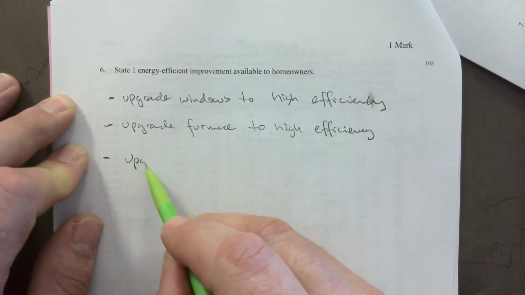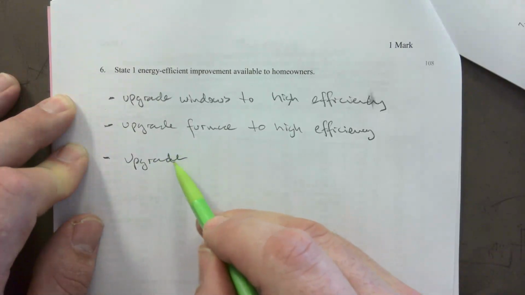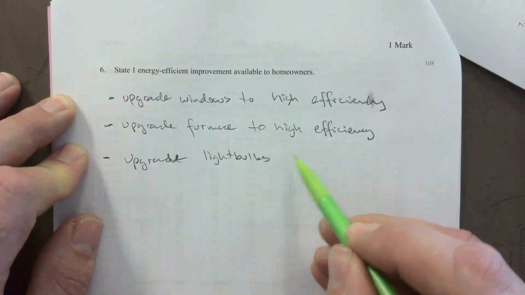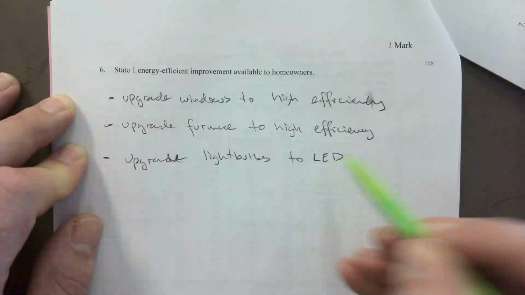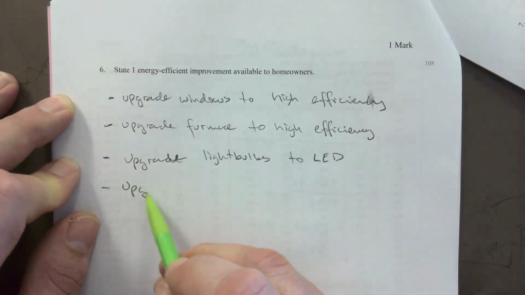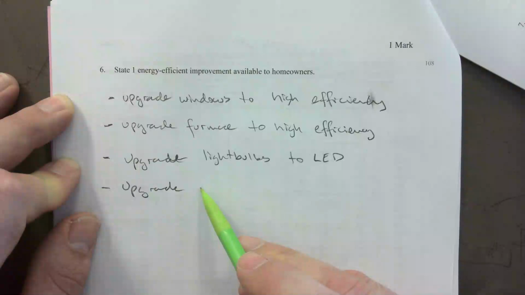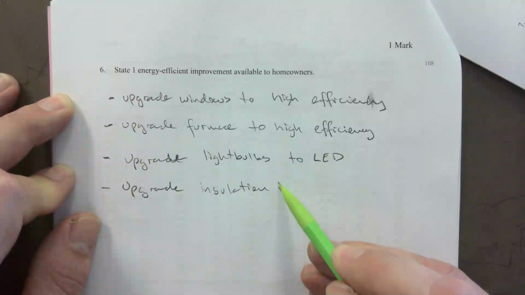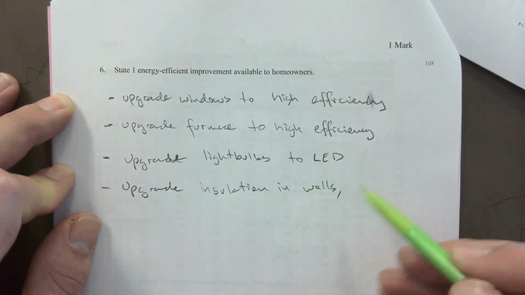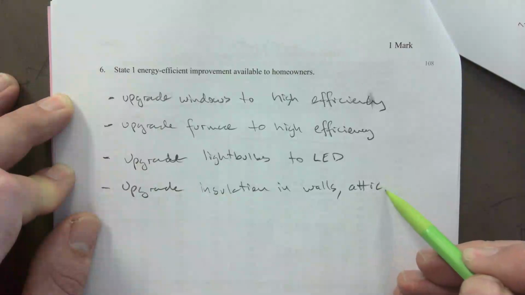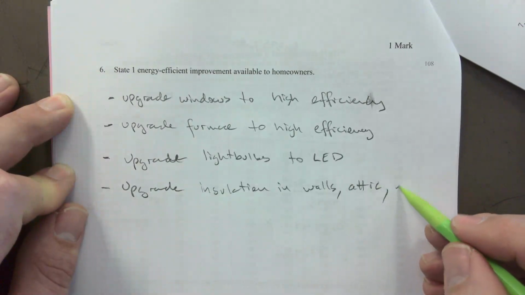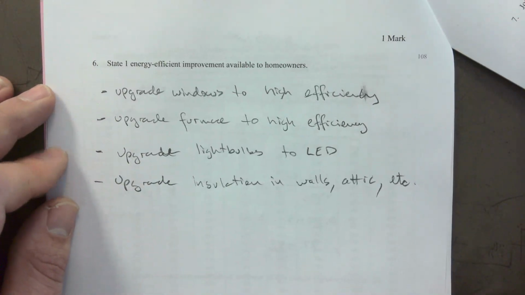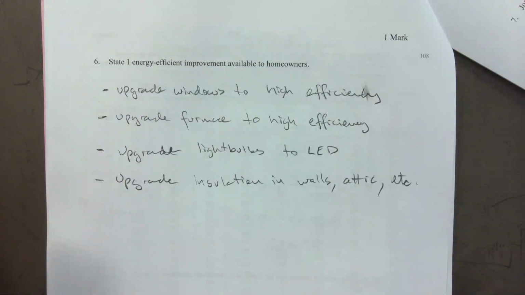You can upgrade light bulbs to LED. You can upgrade, see the word upgrade, upgrade insulation in walls, attic, etc. Okay. Anything that would save energy, anything that makes it more energy efficient.